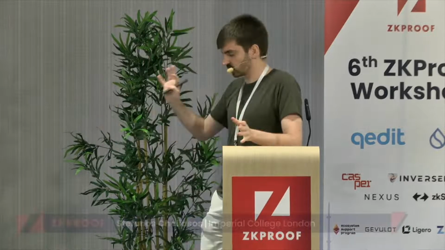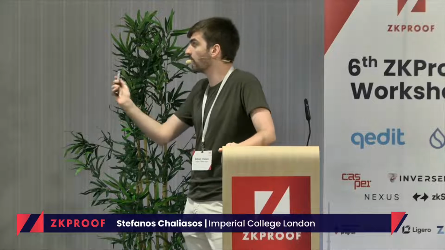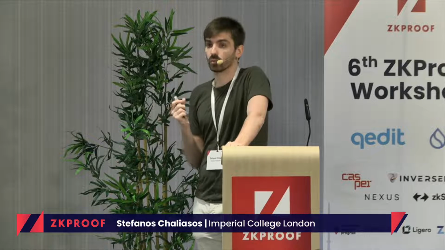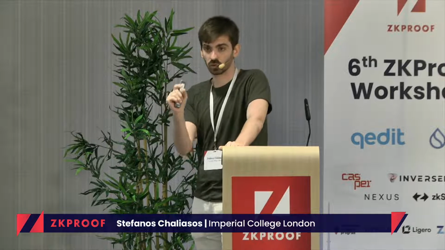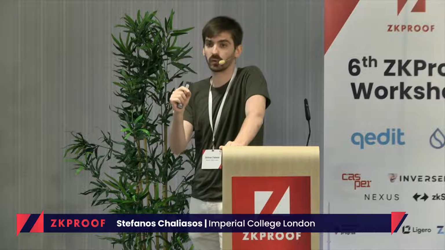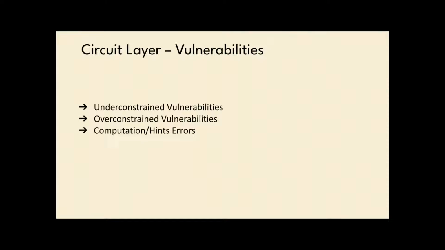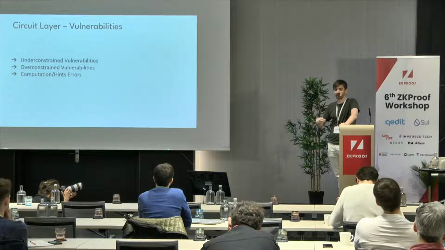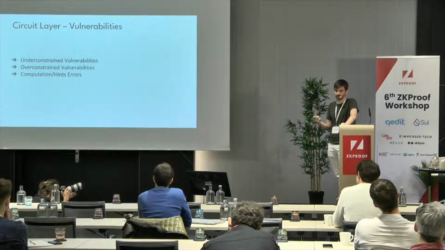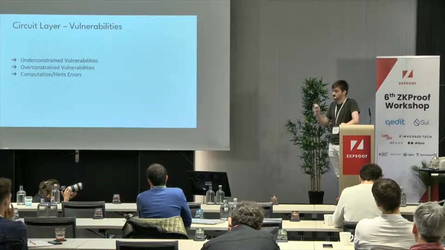The vulnerabilities we might have in the circuits are unconstrained issues, where we missed some constraints, or our constraints are correct but there are some corner cases that might lead to soundness issues. We have over-constrained vulnerabilities that are not that common, where you have more constraints than you needed, so you might reject some of the inputs and some of the computations.